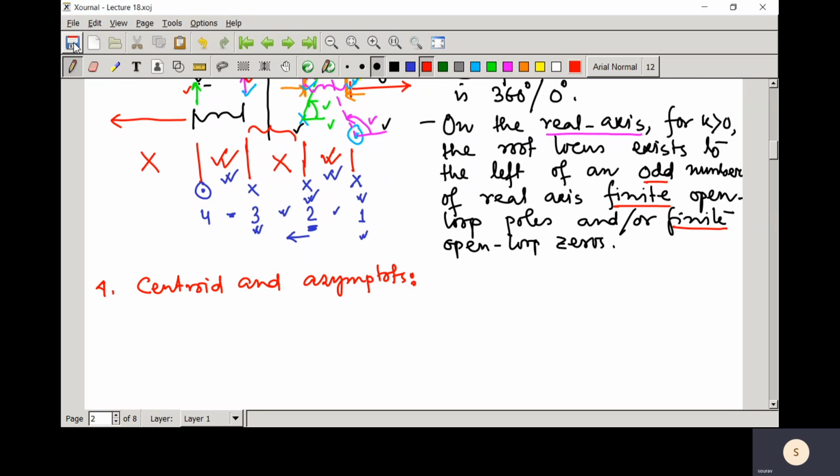So let us just discuss these things through some example, then I think it would be clear. Let us see. So first of all, the statement is the root locus approaches straight line.